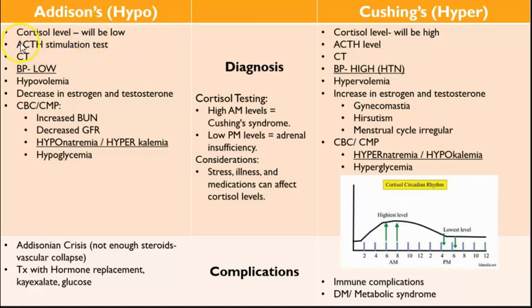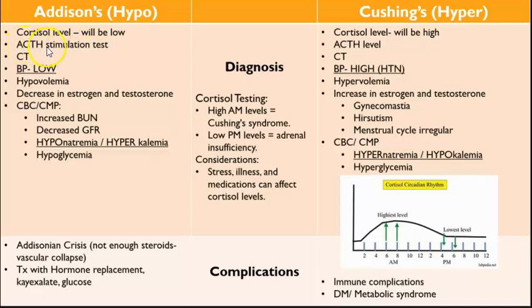We can stimulate. So if we have Addison's disease, your pituitary gland is going to have adrenocorticotropin hormone stimulation. It's the hormone that is going to stimulate the adrenal gland to release cortisol.